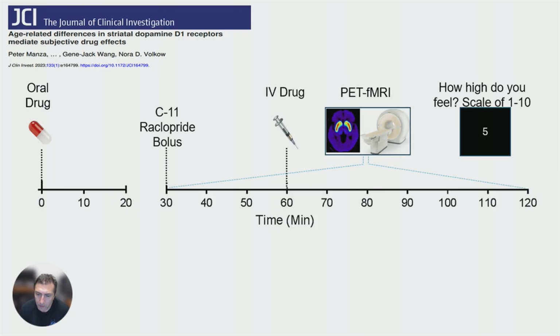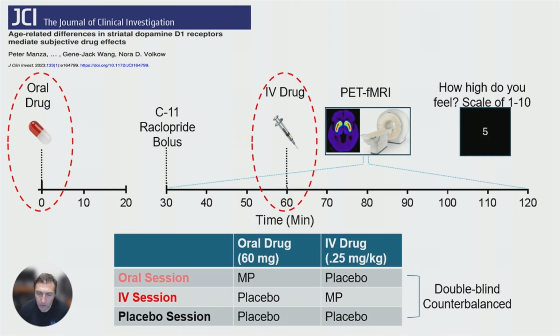In parallel, we were also conducting a combined simultaneous PET fMRI study, similar to the previous studies that I showed you, but this time the combined recording was followed by either IV or oral methylphenidate, given the fact that IV methylphenidate should act very fast.